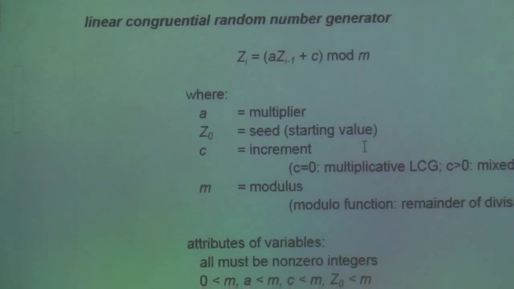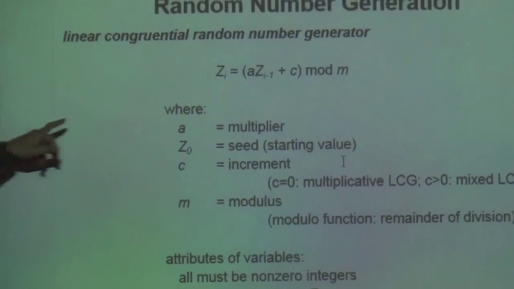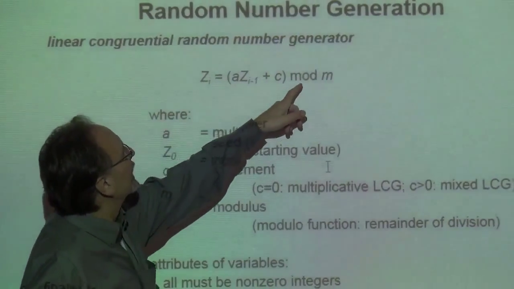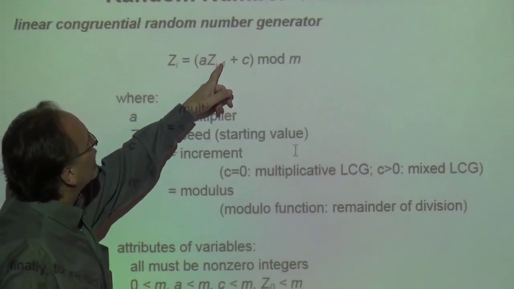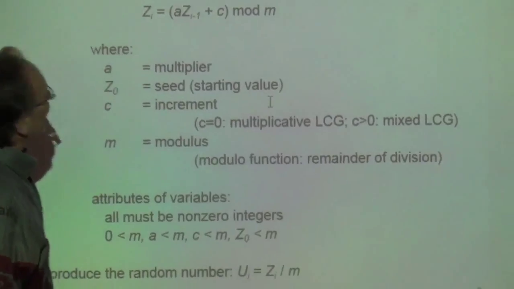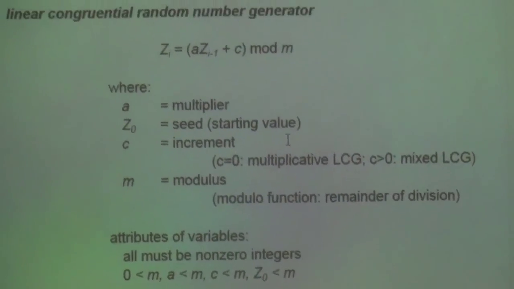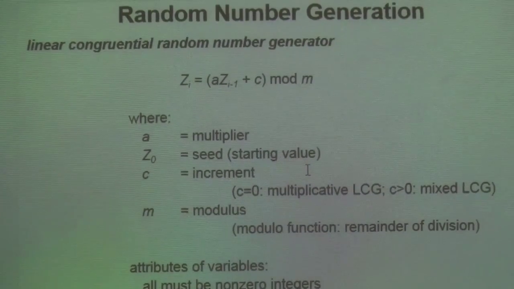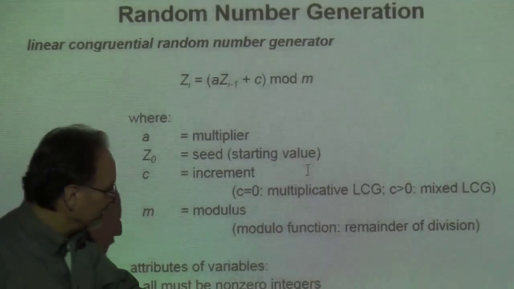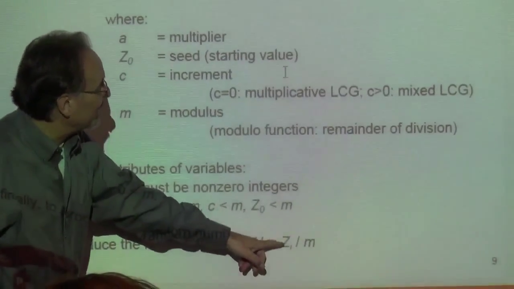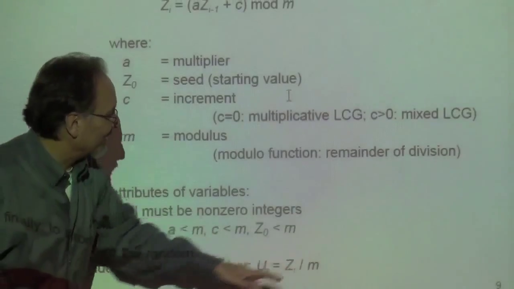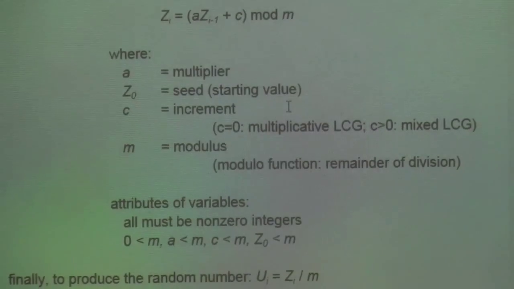Mod, so you take this and multiply it by the modulus of n. That's what that formula does, the way it's written there. And then to produce u, you just take the current z value from that and divide it by the modulus.